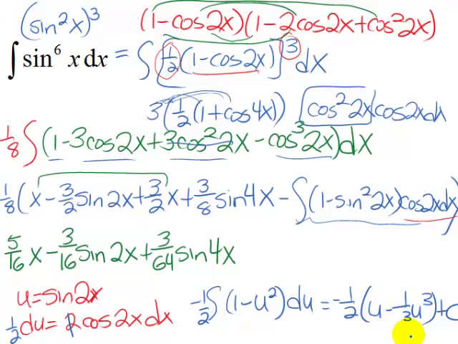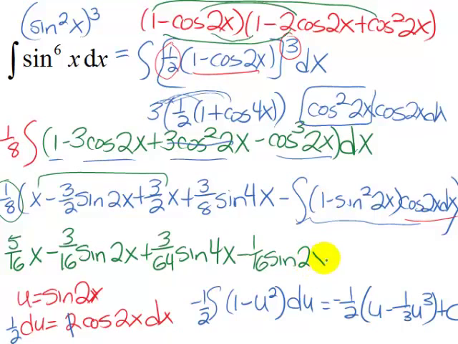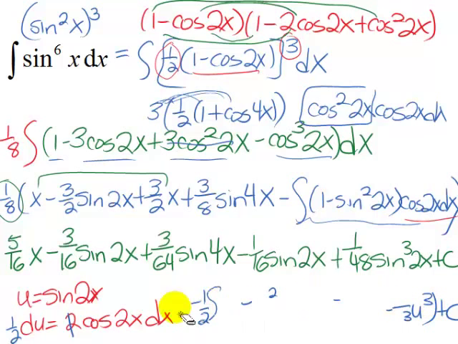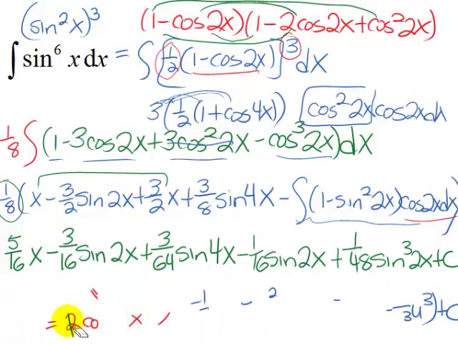So we'll go back up above now and finish our answer, resubstituting u as sine 2x. Now remember, we also had this 1/8 that we were distributing out in front. So this is going to be minus 1/16 sine 2x. And then that will be 1/6 and that, so plus 1/48 sine cubed 2x plus a constant. And then it looks like we have just a couple like terms. We'll move this out of the way so we've got room for our final answer.